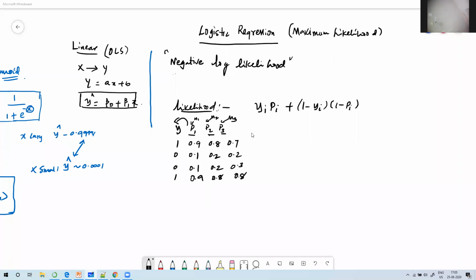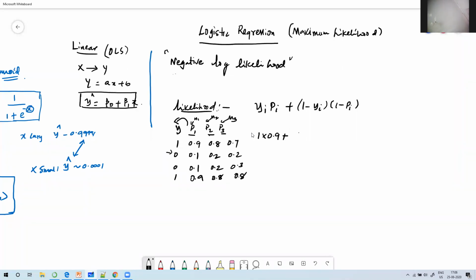And let's compute it for all of this. For the first observation, yi is 1 and pi is 0.9. 1 minus yi will become 0, so 0 into anything would be 0.